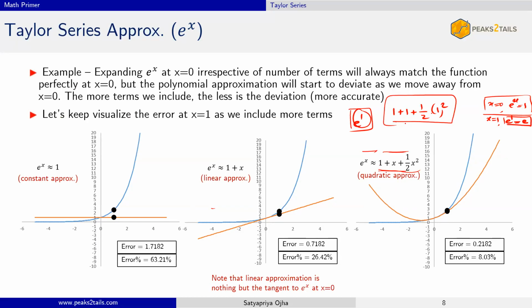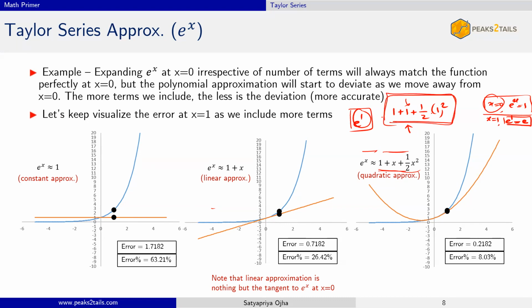This valuation is, mark my words, locally faithful. This valuation is locally faithful. That means it will do justice to the valuation if your x is close to 0, because all my derivatives are manufactured at x equal to 0. So as long as your new x is in the vicinity of 0, this is faithful or reliable.